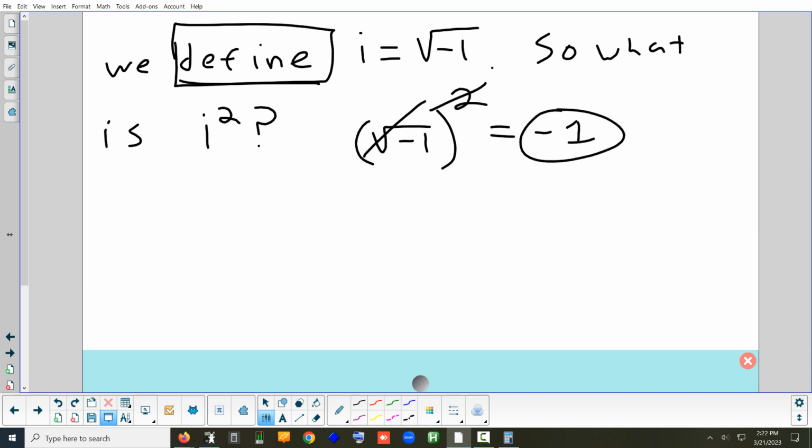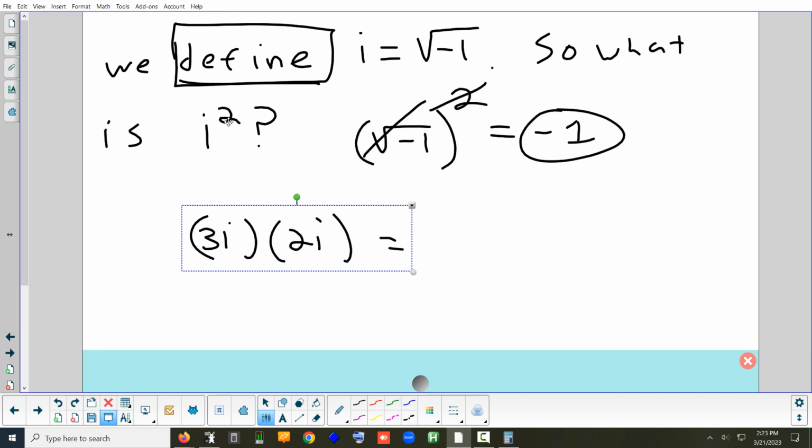And that's an important idea, because we're going to do some arithmetic tomorrow with multiplying, where we might get an i squared in the problem. Whenever you get an i squared, you do not want to leave that in the problem. You need to change i squared to the number negative 1. So kind of like if you multiplied those together, it would be 6i squared.